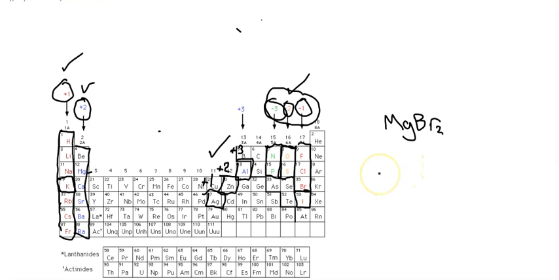So we treat this one the exact same way. We have our metal, Mg, number 12 on the periodic table, that's magnesium. And then our nonmetal, Br, in group 7, number 35 on the periodic table. That's bromine, but we put on the suffix "ide," and we've got magnesium bromide.